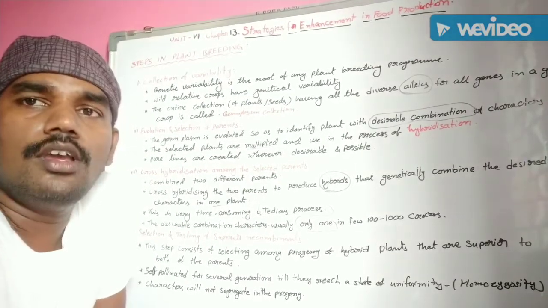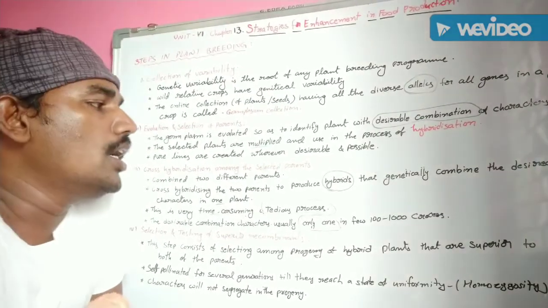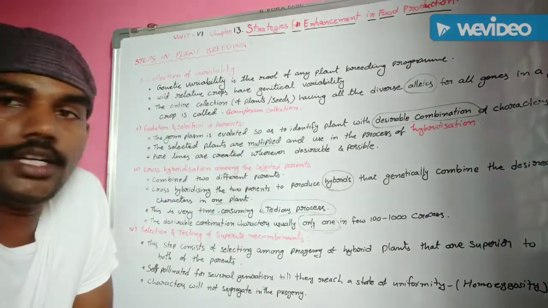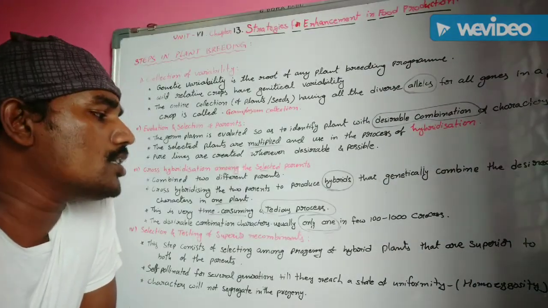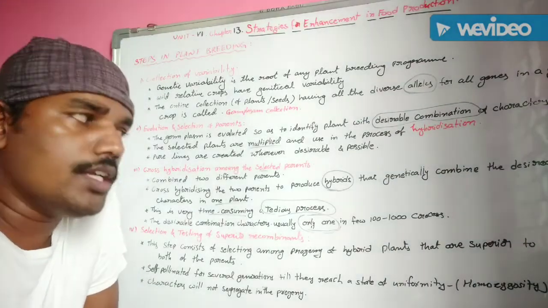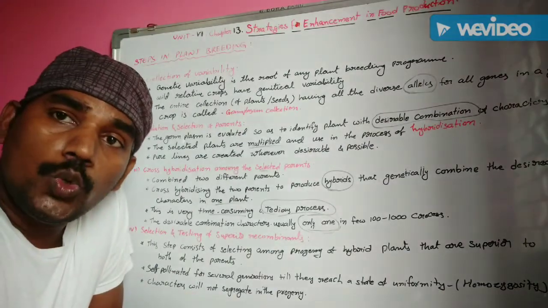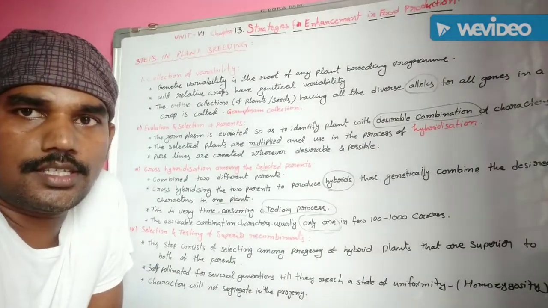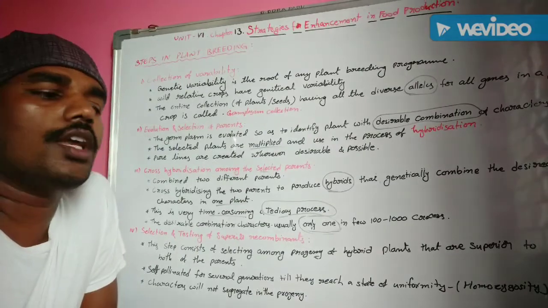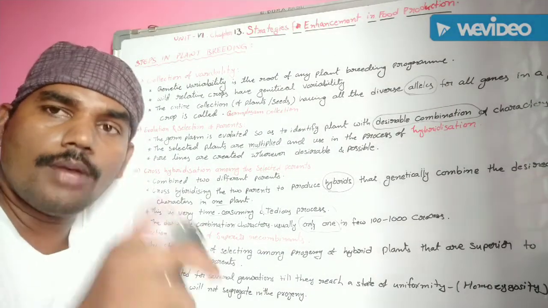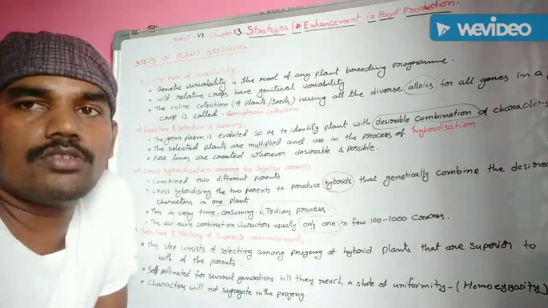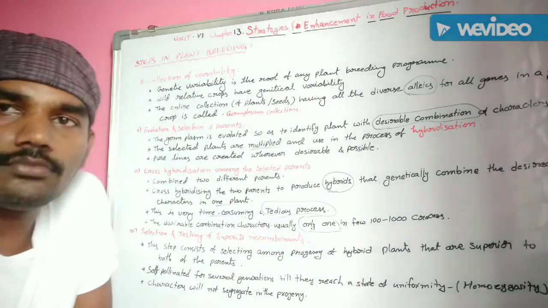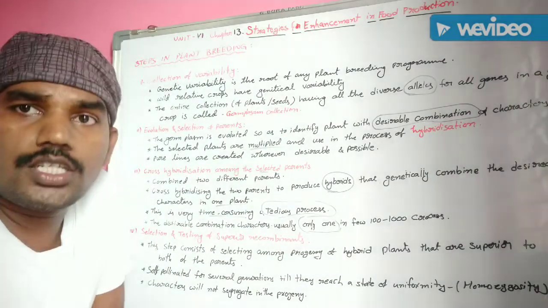Disease resistance and high yielding are the desirable combination characters. These characters are usually only one in few 100 to 1000 crosses. Remember this one. Okay, అన్ని క్రాసెస్ చేస్తే ఓన్లీ ఒక ప్లాంట్ లోనూ 2 ప్లాంట్ లోనూ మనకి కనిపిస్తుంటాయి. ఓకే, దిస్ వన్ ఇస్ ద థర్డ్.